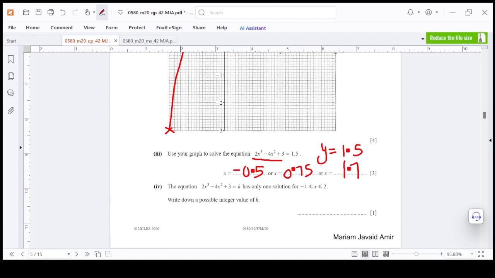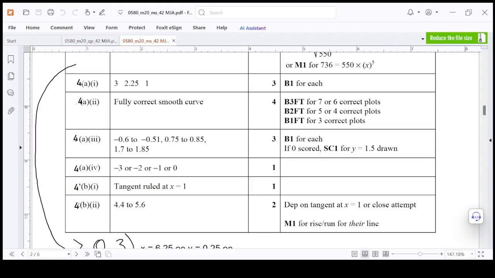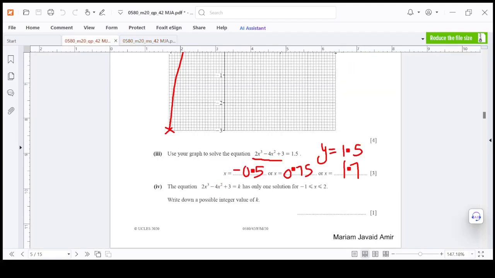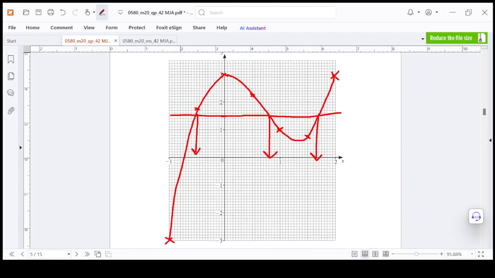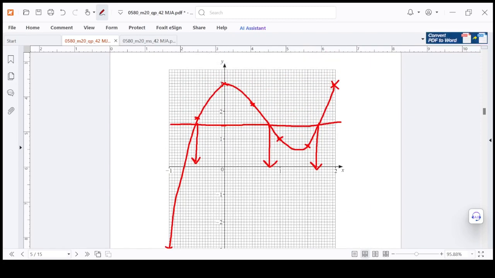So let's check if these values lie within the marking scheme's limitations. So the first value needs to be between minus 0.6 and minus 0.51. So I'm going to lose a mark here for not falling within the given range. That is, my answer is probably wrong because the graph isn't as accurate as it could be if it were on paper.